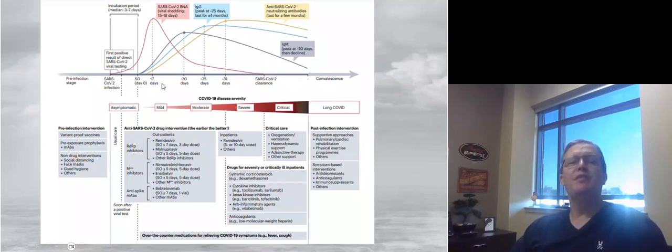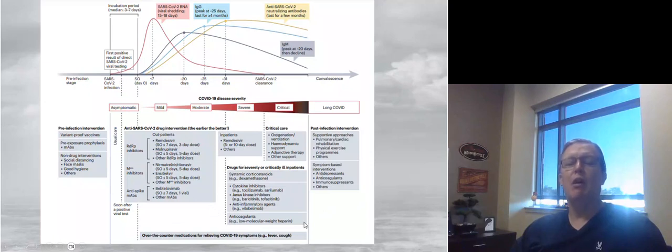And you can see the different phases from asymptomatic, mild, moderate, severe, and critical, and then what turns into long COVID in the convalescent process. So in these phases, what this slide shows you is where the medications that we have discussed fit in. And you'll notice that ivermectin is nowhere on this slide. So again, reiterating that those drugs are not used.